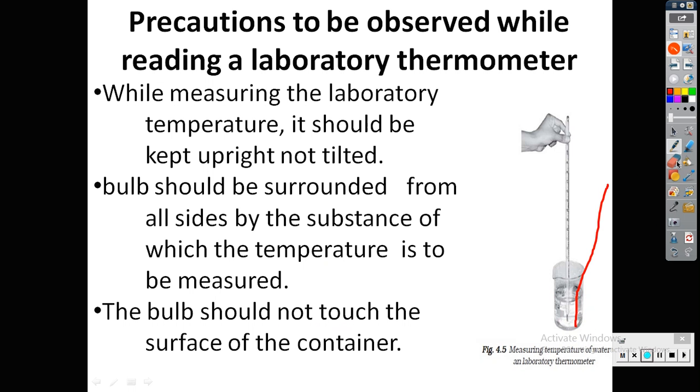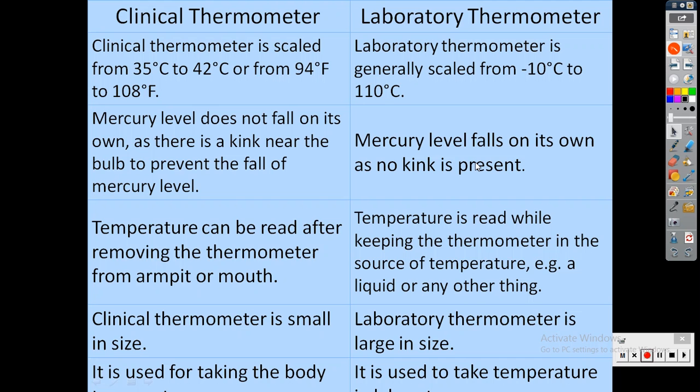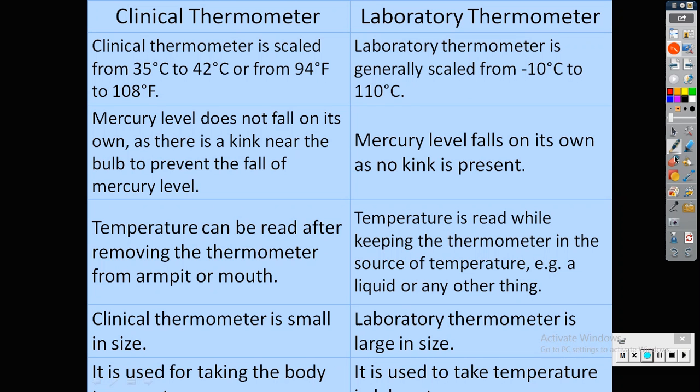So these are the precautions we have to observe while reading a laboratory thermometer. These are the differences between the clinical thermometer and the laboratory thermometer. We already discussed the range, and this is the range of the laboratory thermometer. No kink is there in the laboratory thermometer.